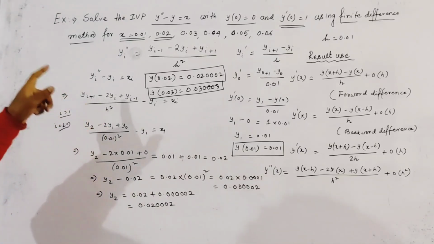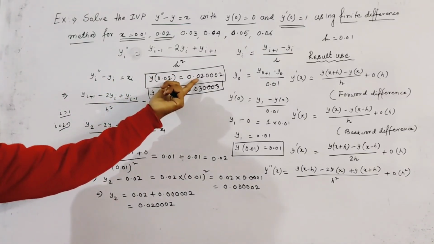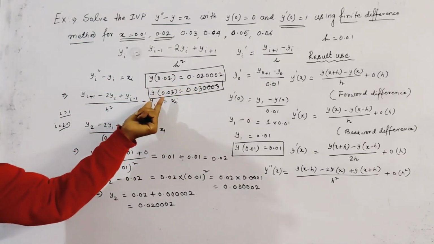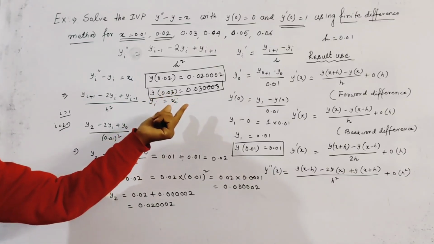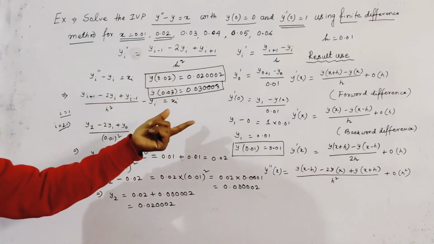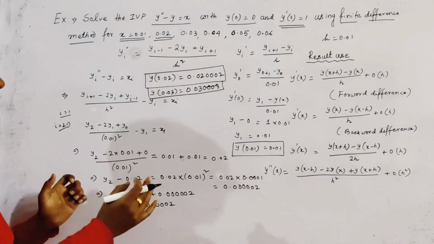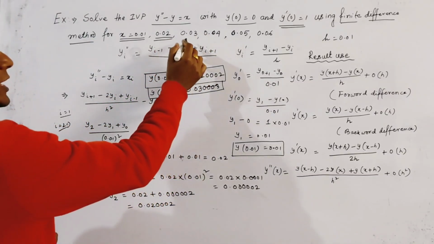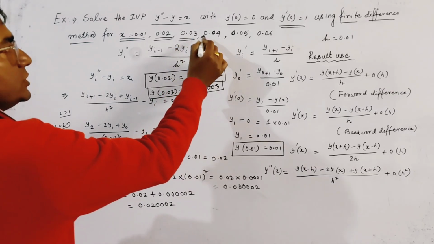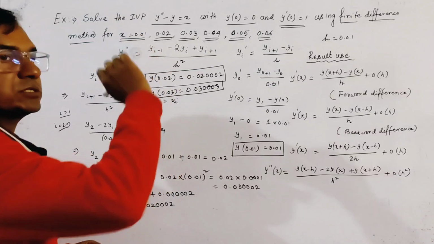And similarly, using the previous value, we get the value of y of 0.03, and using this value we get the value of y of 0.04, and so on. Very easily we find all the values of y at the points 0.03, 0.04, 0.05 and 0.06.